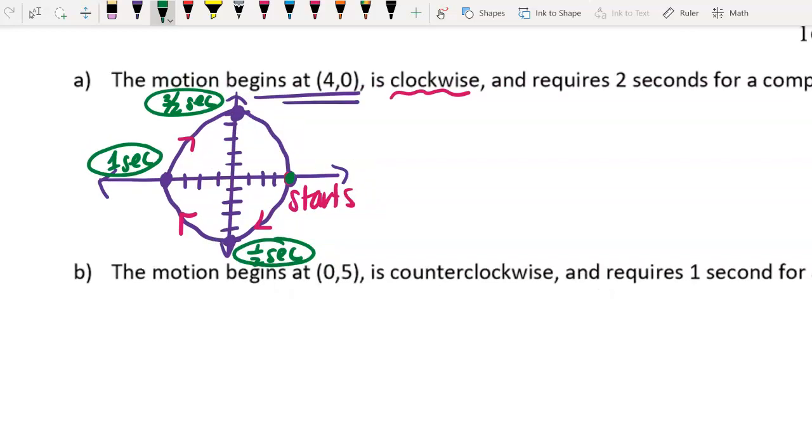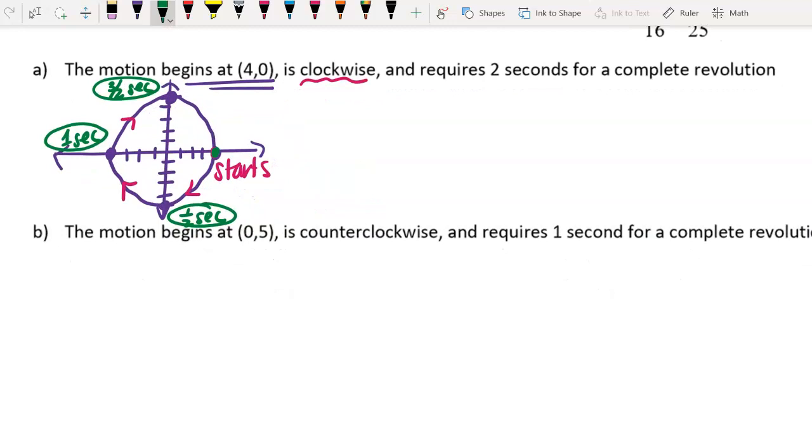Okay. So there's some language in here that I do want to remind you guys. A revolution, guys, 1 revolution is the same as a full what? Circle. Okay. A full circle. And a full circle, based on basic trig, is what radians? 2 pi. Would you guys agree with that? And that also means it's 1 period.